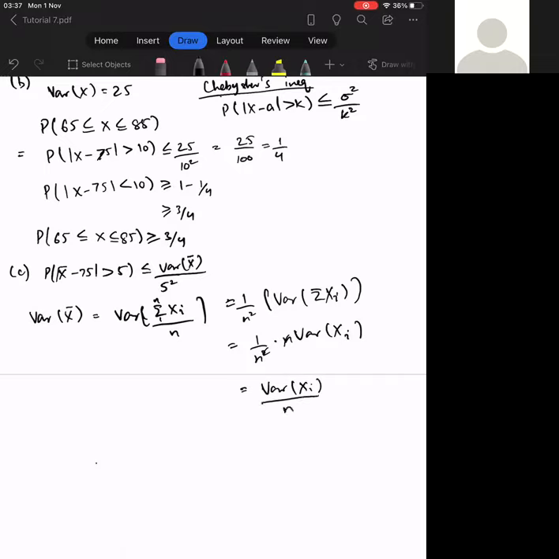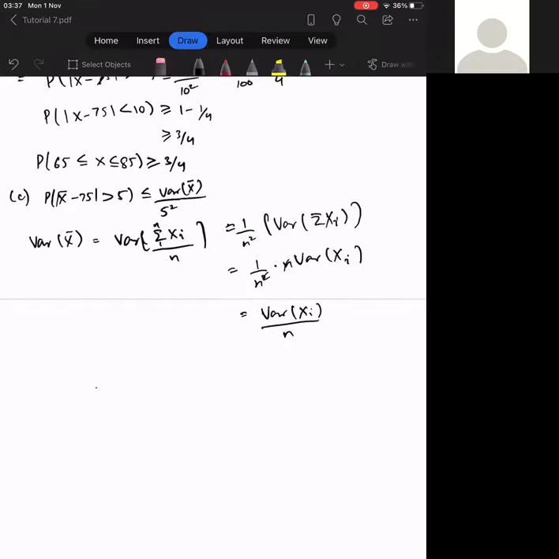And we know that the variance of a student's test scores is 25. So we can then write this as follows. This would be 25 over n divided by 25. That's 5 squared. And this would become 1 over n.